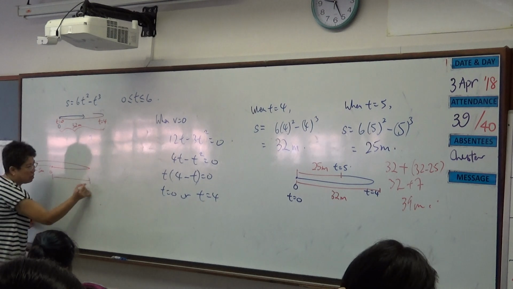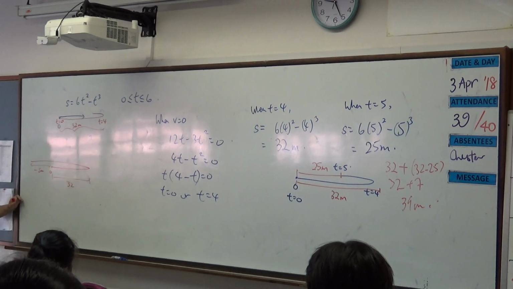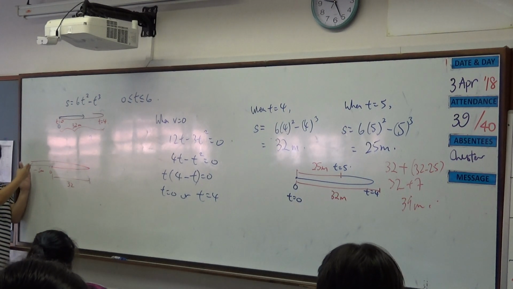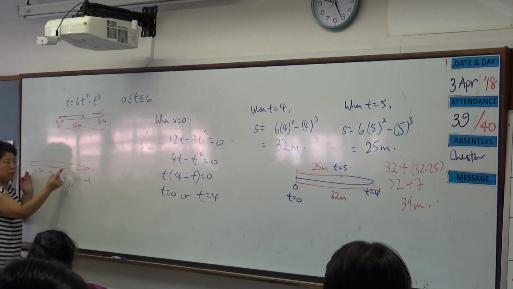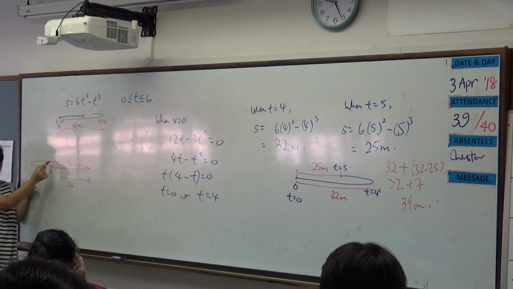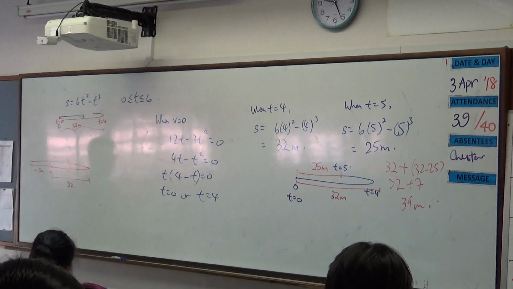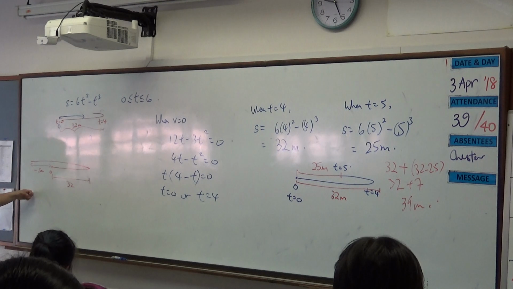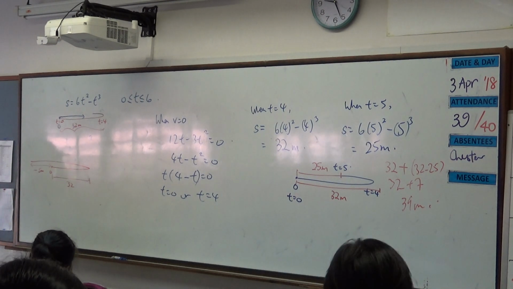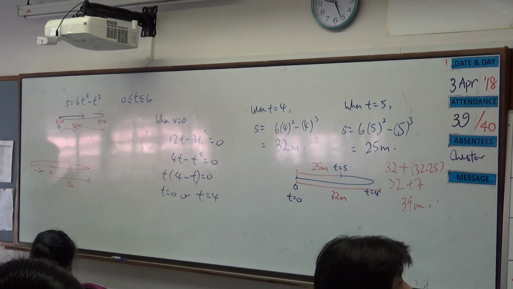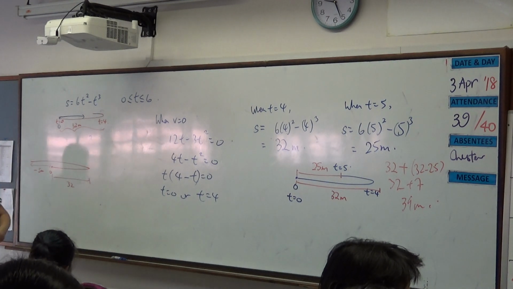This one is 32, right? This one is 5, right? What's the total distance travelled? 32 plus 32 plus 5. That's the total distance travelled. But what is the displacement? Negative 5. That means it's in the other direction. Everybody clear? So you have to be very clear what is displacement and what is distance. Everybody okay? So that's your example 1.